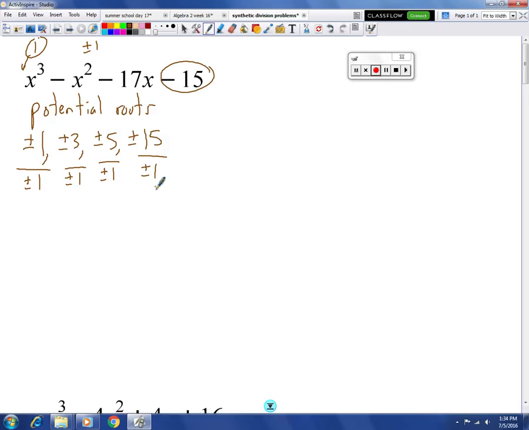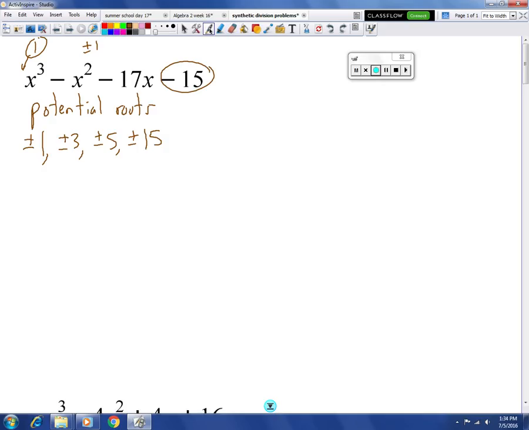Well, that just doesn't add anything, because when you take a 1 divided by 1, I'm getting a plus or minus 1. So when that happens, I can just ignore all these denominators here. So really, these are the potential roots that I have: plus or minus 1, plus or minus 3, plus or minus 5, plus or minus 15. All right, let's go on into the division.